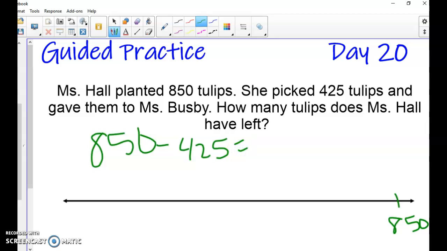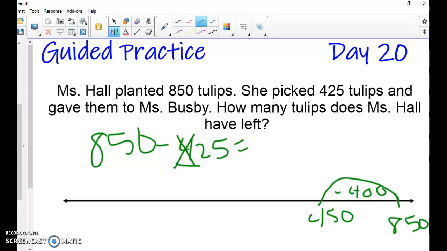All right, let's start subtracting. I need to take away 400. So 850 minus 400 is 450. Notice I only changed my hundreds place. I didn't change my tens place, and I didn't change my ones place.